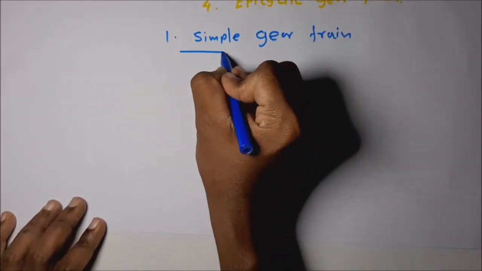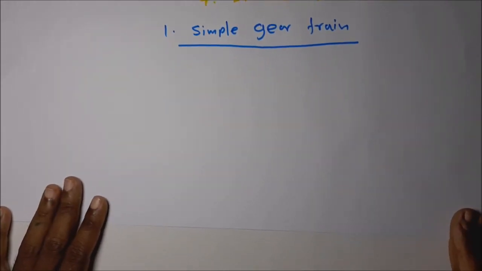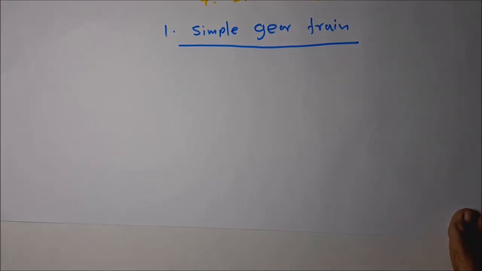First one, simple gear train. What is the simple gear train? A simple gear train is the simplest form of gear train. Each shaft has one gear mounted on it. Okay, I will write the definition also.